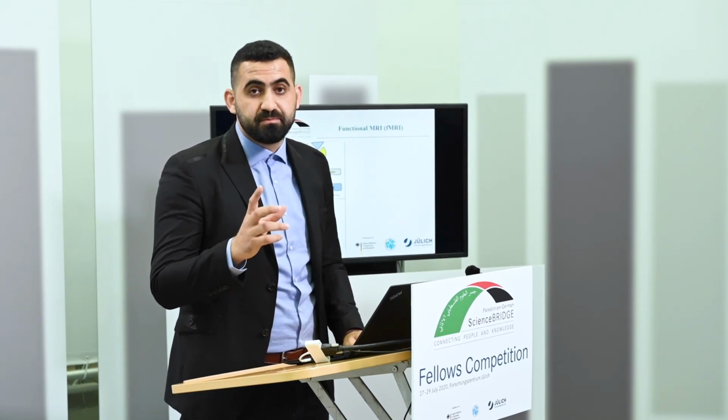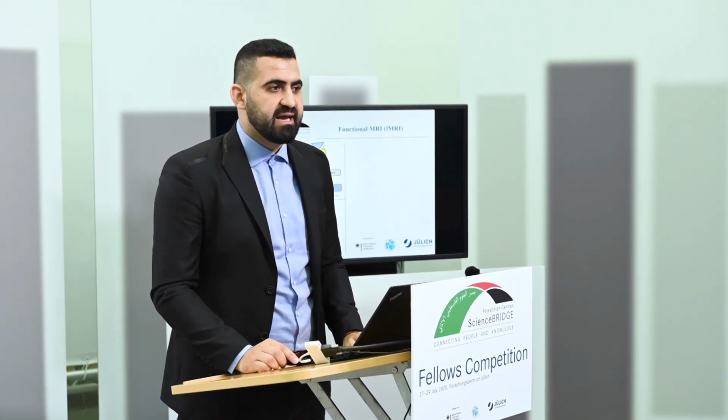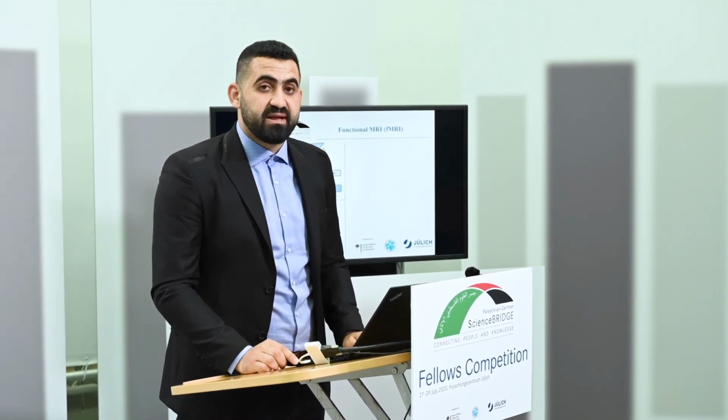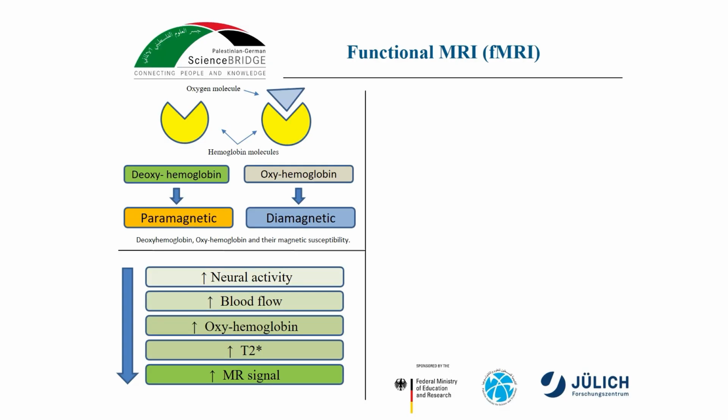and that signal could be measured, which is the BOLD, blood oxygen level dependent, signal, by using an echo-planar imaging sequence. So to conclude, whenever we have high activity of the neurons, the blood flow is supposed to increase, and the oxyhemoglobin is supposed to increase as well, and we get more T2 star signal and then a higher MRI signal.